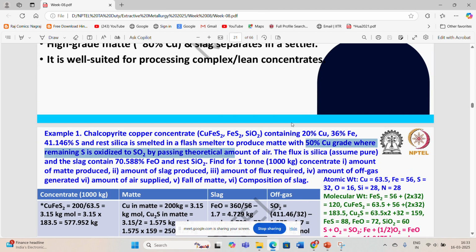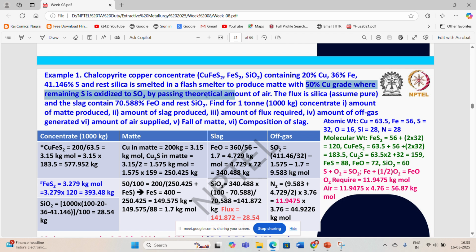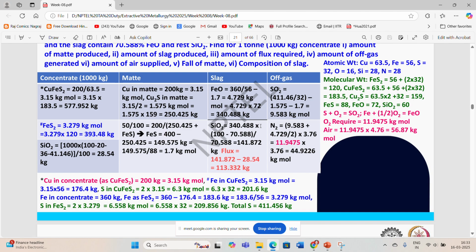Here we are providing only the theoretical amount of air, so that all of the sulfur which is not going into the matte is converted into SO2. According to that reaction, we can calculate the theoretical amount of air required, but you have to keep in mind the nitrogen content inside the air, because air also contains 79% nitrogen.